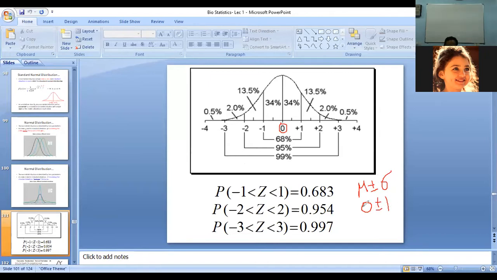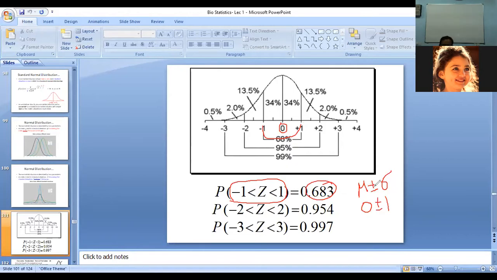So plus or minus 1 means that is the range, minus 1 to plus 1. So the probability of z between minus 1 and plus 1 will have the same range as earlier, similar to the normal distribution. So this is 68.3% or 0.683.